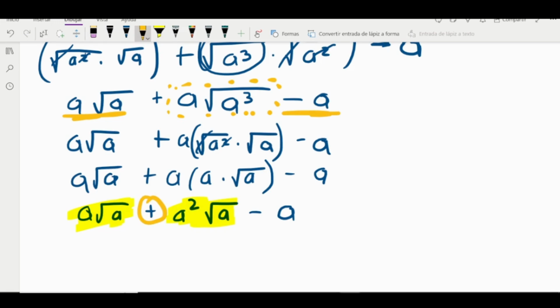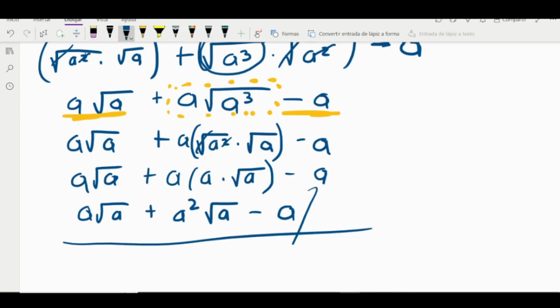Even if we have the square root of a here, a squared is not the same as a. So for this situation, mark this one: it's the answer, the final answer.